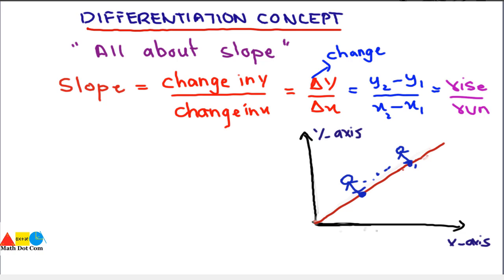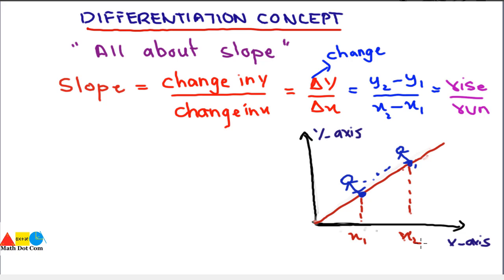So here how you will see that there is a change on the x as well as the y-axis. Let's see. At this point you were at x1, and when you move ahead you reach a point that is x2. This is the change on the x-axis. It means you have traveled a distance horizontally.